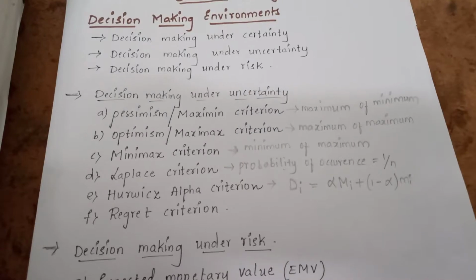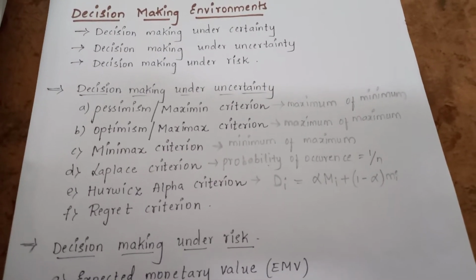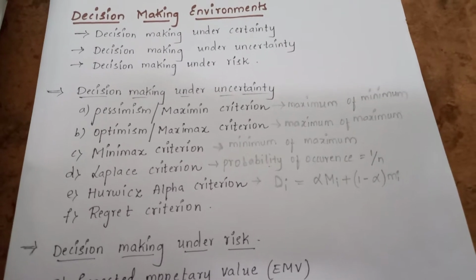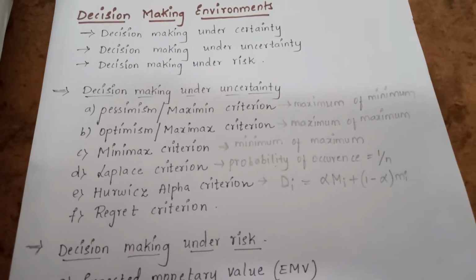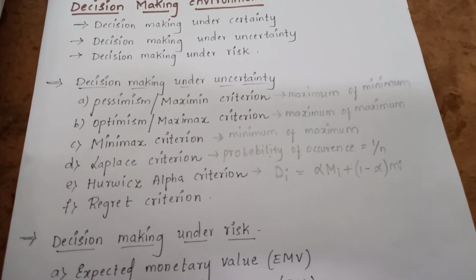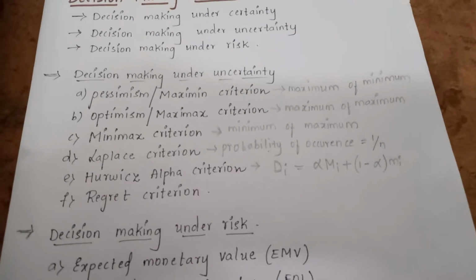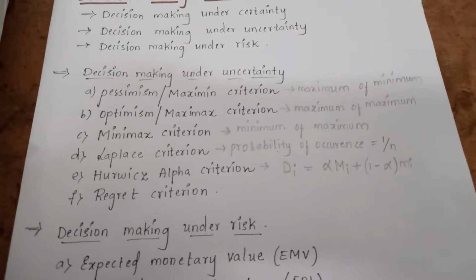Next, decision making under uncertainty is a situation where the decision maker doesn't have enough information, due to lack of past data or lack of knowledge about the probabilities of future states of nature, so it's not easy for him to take the decision.